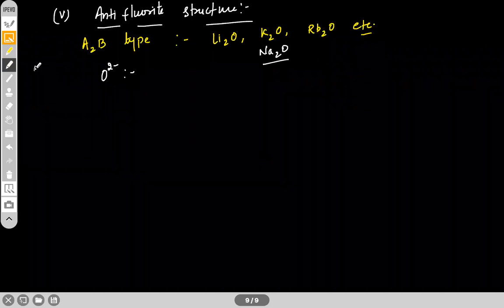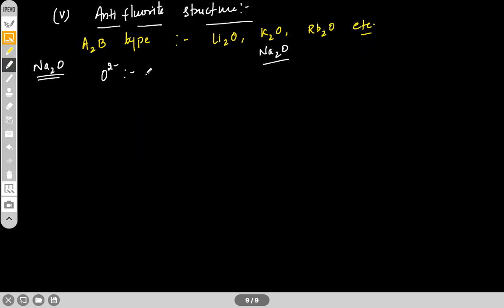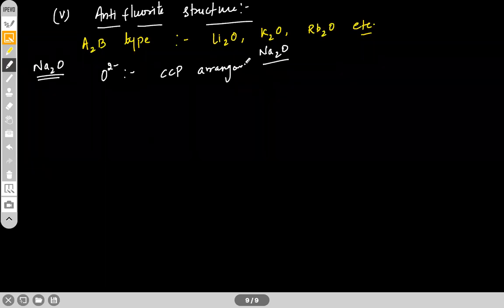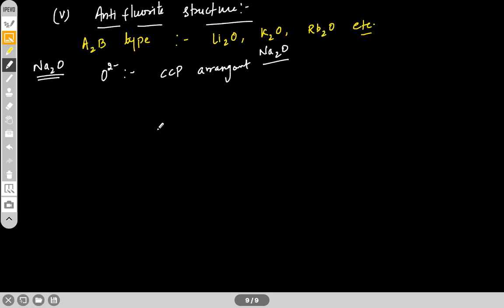So the O2 minus that we have here has a CCP arrangement, first of all. Like there we have cation, here we have anion in CCP arrangement, present at all corners and face centers.